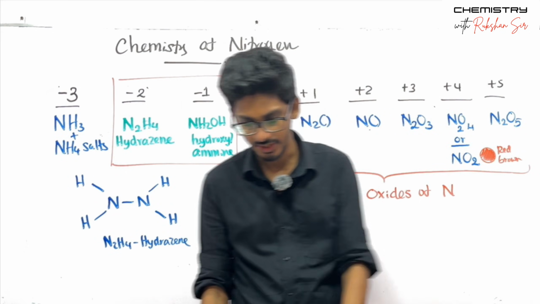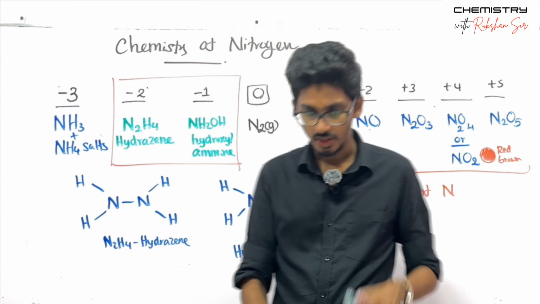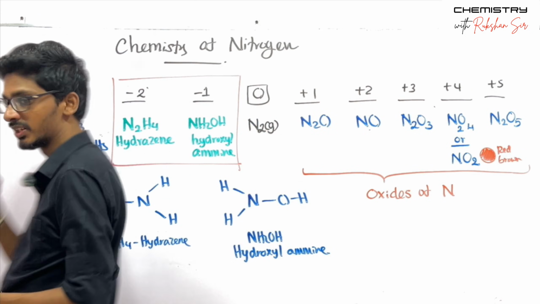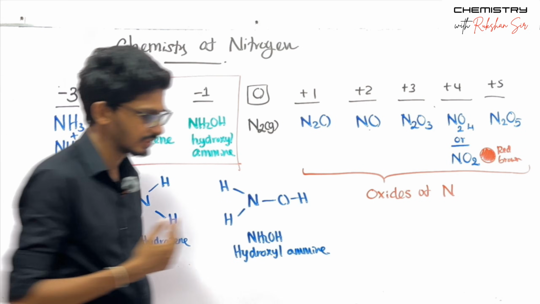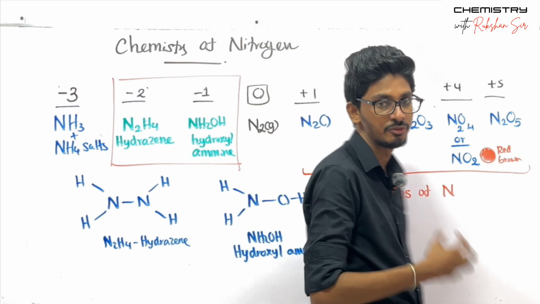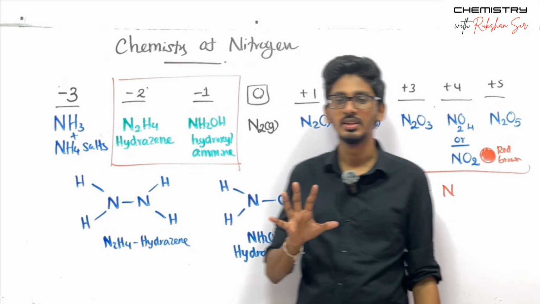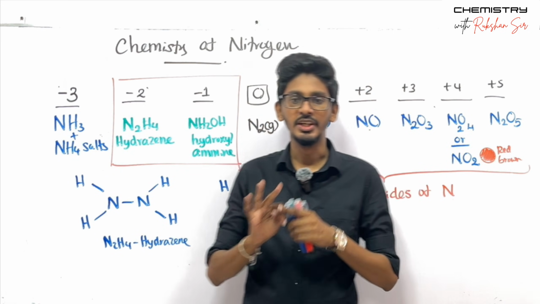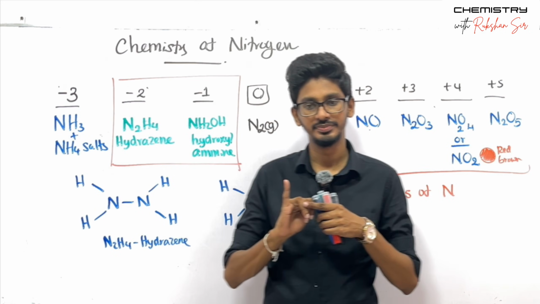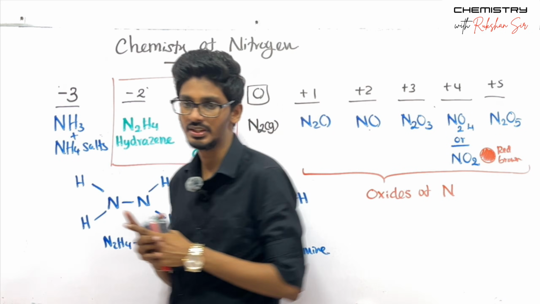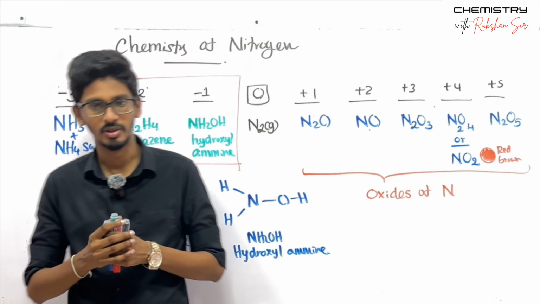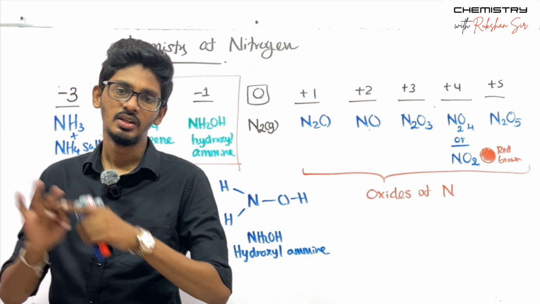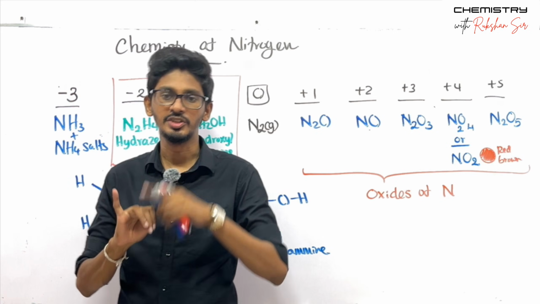As nitrogen containing compounds, we will discuss mainly 4 compounds: ammonia, ammonium salts, HNO2 and HNO3.